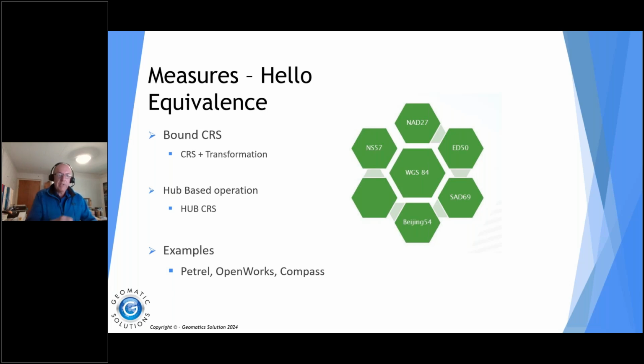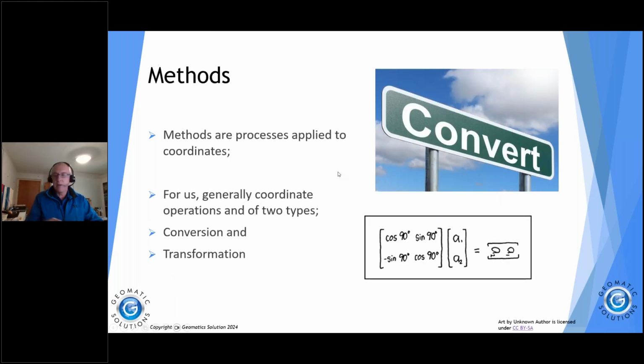All right, once we have this way so that we can actually compare coordinates, we can then define the operations or the methods that we can apply to these coordinates or to the geospatially referenced data. And we call that the methods. These are generally coordinate operations. So we operate on the coordinates, and we have two types, a conversion and a transformation.